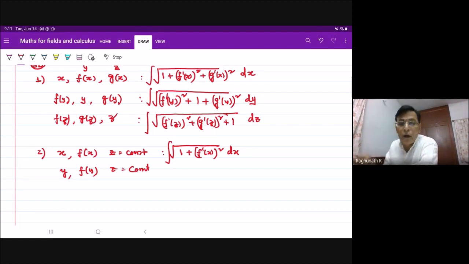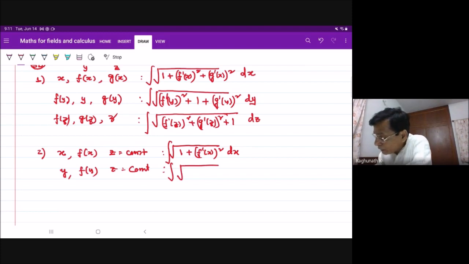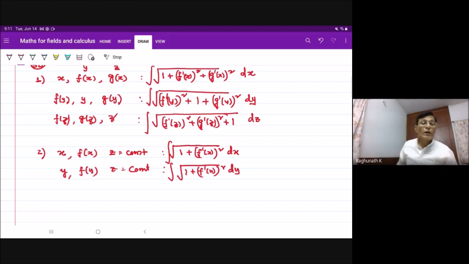They can give like that. Now we can write it as what? Integral of root of 1 plus f dash of y whole squared dy. Like this we can define.